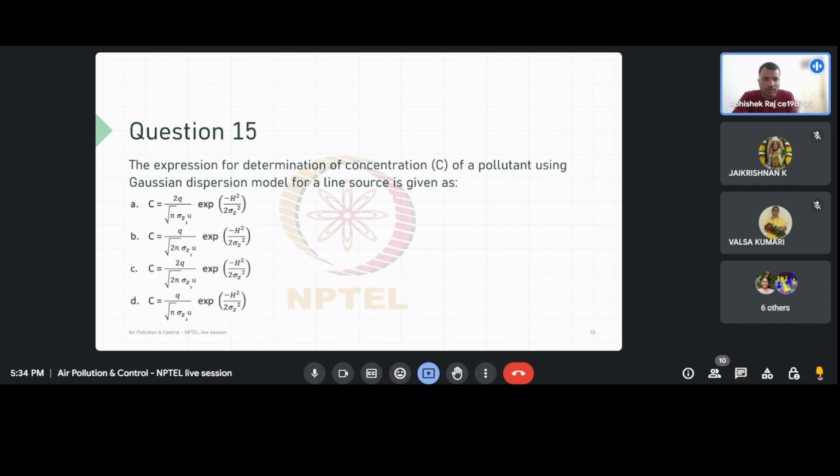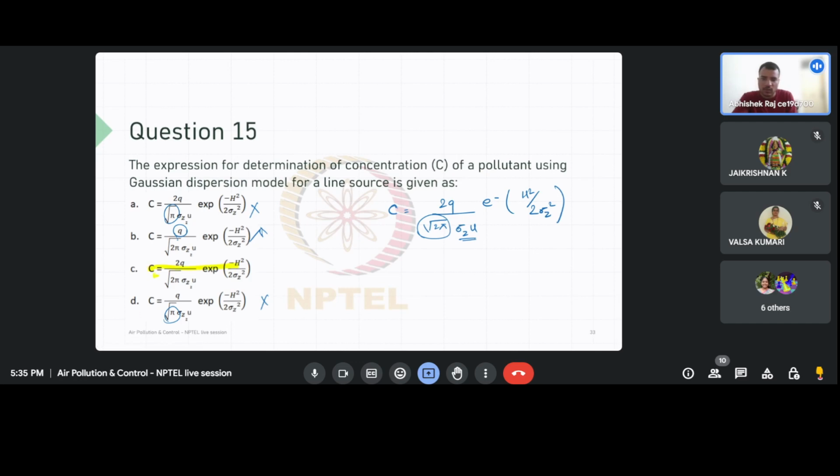So yeah, concentration if we need to find for a line source, we'll take 2q and divide this by root 2 pi, you should remember that will be there. So this was not here, it was not here, so we can remove option A and option D. Then we will have sigma z and wind speed, which will always come in the denominator. Exponential power minus h square by 2 sigma z square. Here we don't have q in the numerator, so we can remove this. So we are left with option C finally.